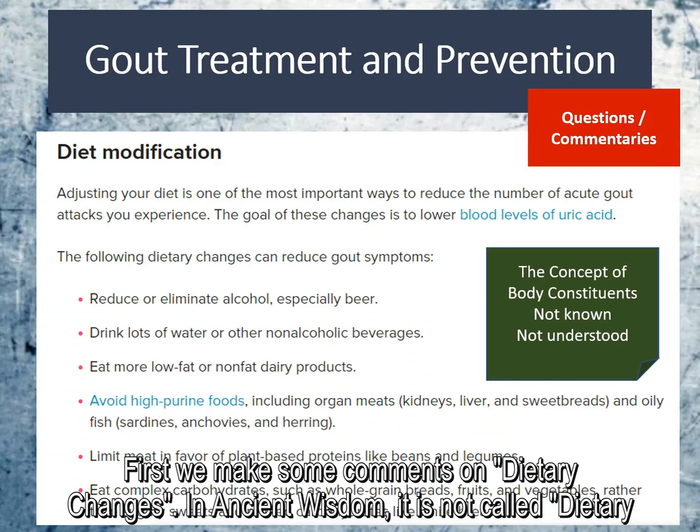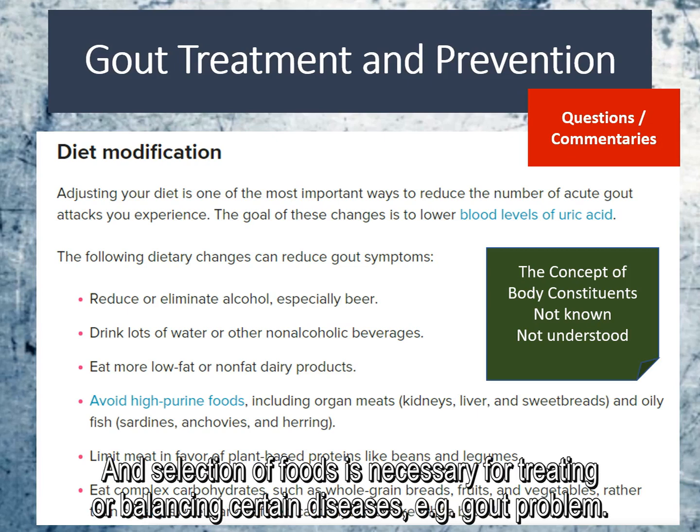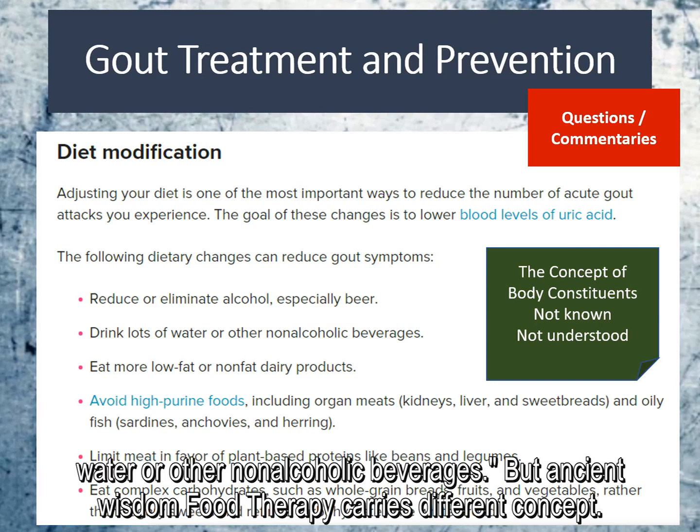In ancient wisdom, it is not called dietary changes, but food therapy, which implies to a certain degree food acts as medicine, and selection of food is necessary for treating or balancing certain diseases, for example, the gout problem. In one of the recommendations of the Western medicine dietary changes, it says, drink lots of water or other non-alcoholic beverages.